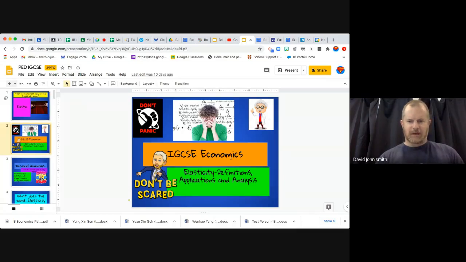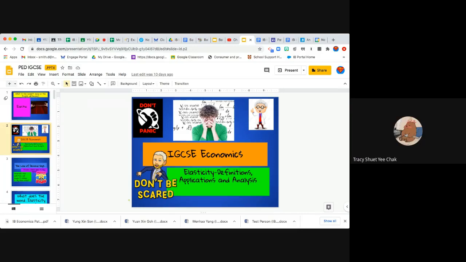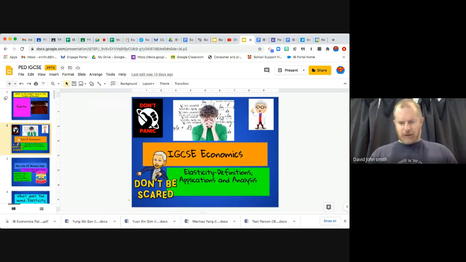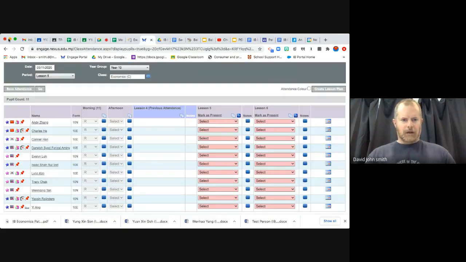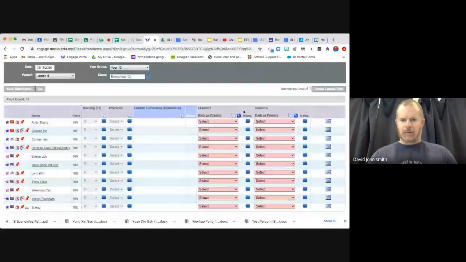So can you see my screen now? Yes. The slide, right? Okay. So I'm going to go through the slide instead of going through the Nearpod because the Nearpod seems to not be working. In fact, I might actually crash the Nearpod and try and sort it out again.